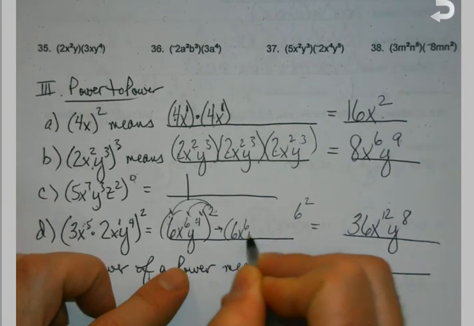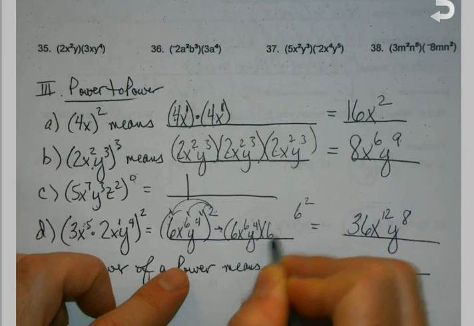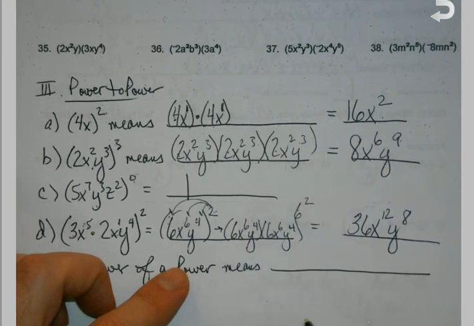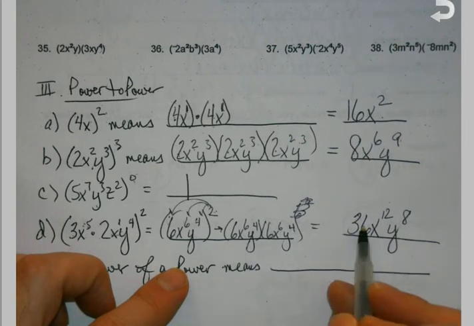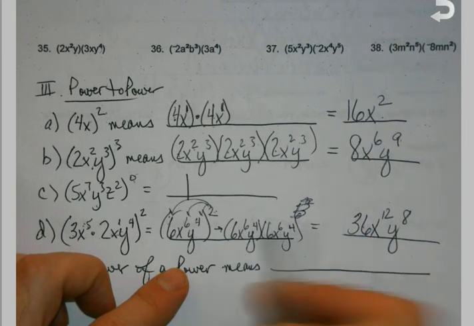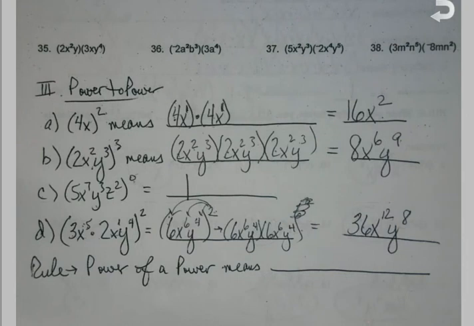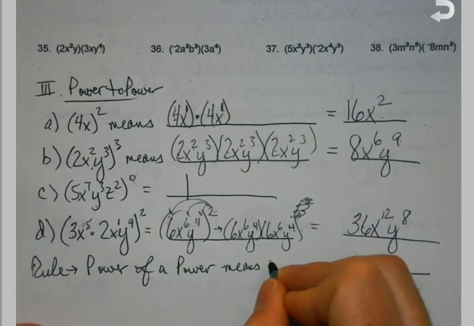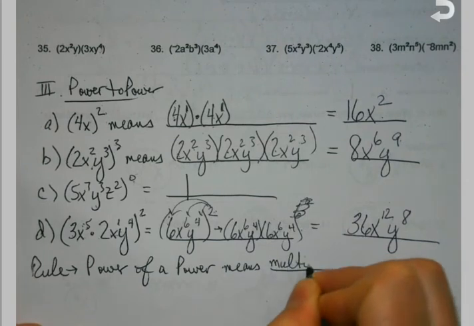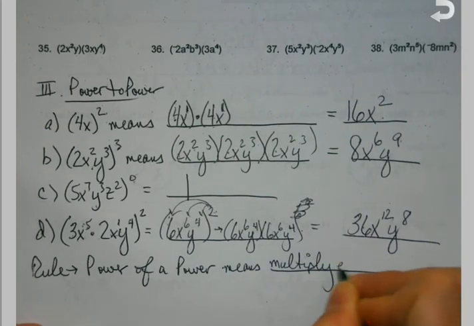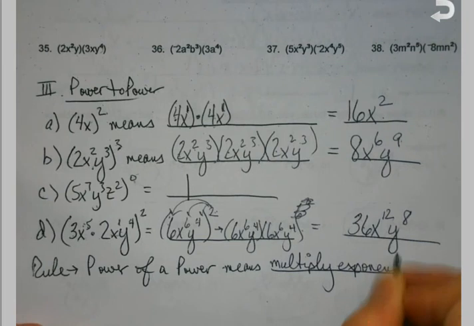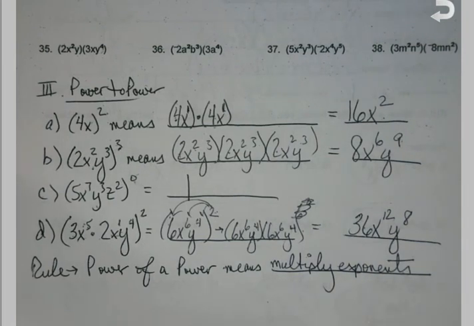If I'd have written this out twice, and used my multiply rules, 6 times 6 is 36. 6 plus 6 is 12. 4 plus 4 is 8. Okay, so this works. Power of a power, when that happens, we're going to multiply the exponents. And if I don't see an exponent, again, we just assume that it's 1.